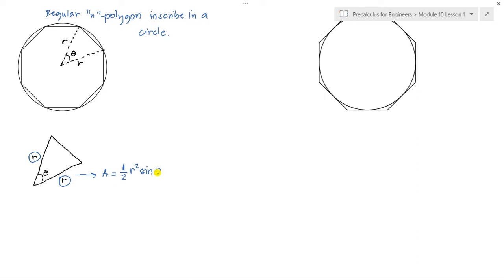So here, we're going to express kanang theta in terms of the number of sides of a polygon. So here, since this is only for a single triangle, so pila man ka triangle sa n ka polygon, that is also n times this area of this triangle.